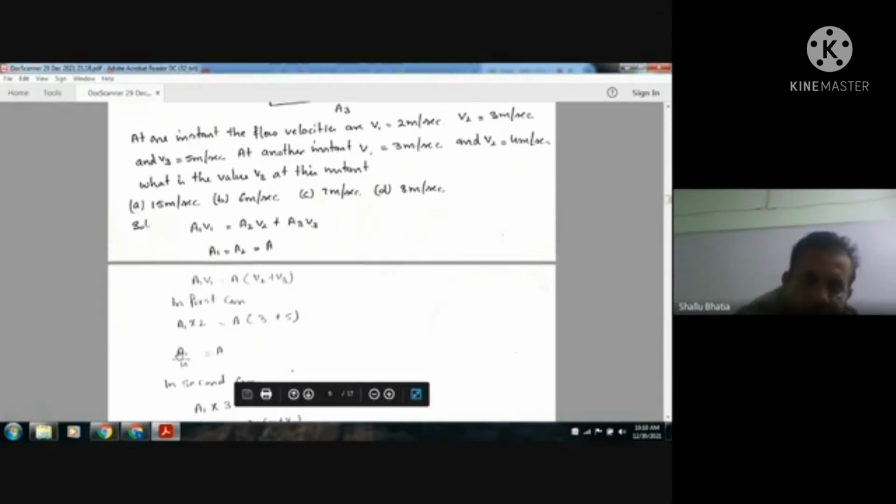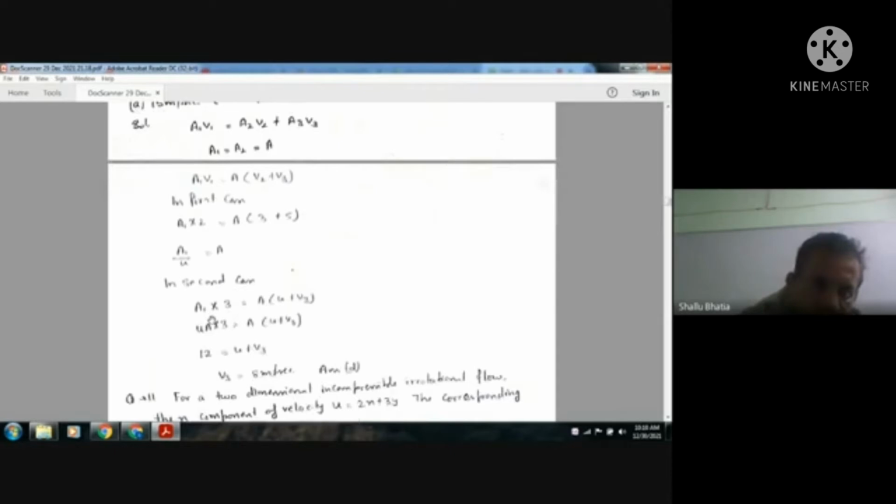Now we have a relationship between A and A1. In the second case the velocities are V1 equal to 3 and V2 equal to 4, and V3 is unknown.